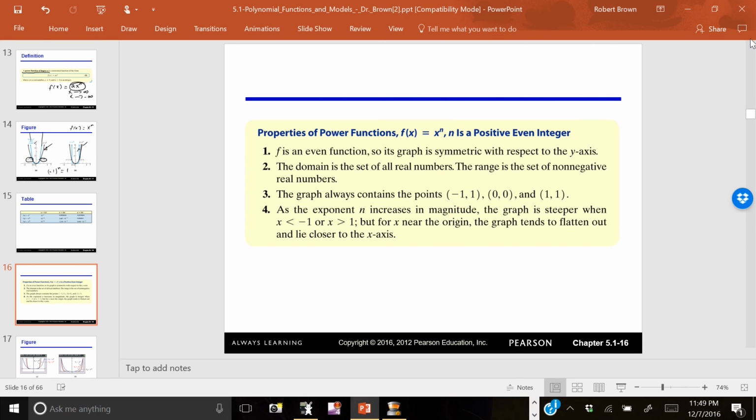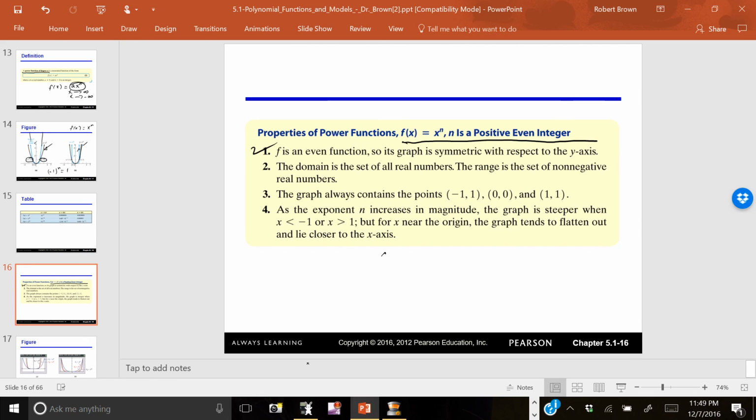Properties of power functions, f of x equals x to the n, where n is a positive even integer. If it's an even integer, then the function is an even function, and the graph is symmetric with respect to the y-axis.